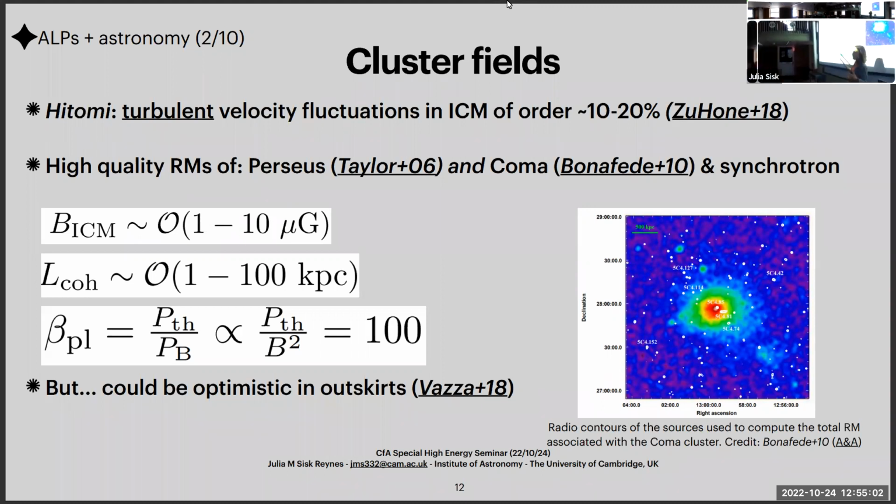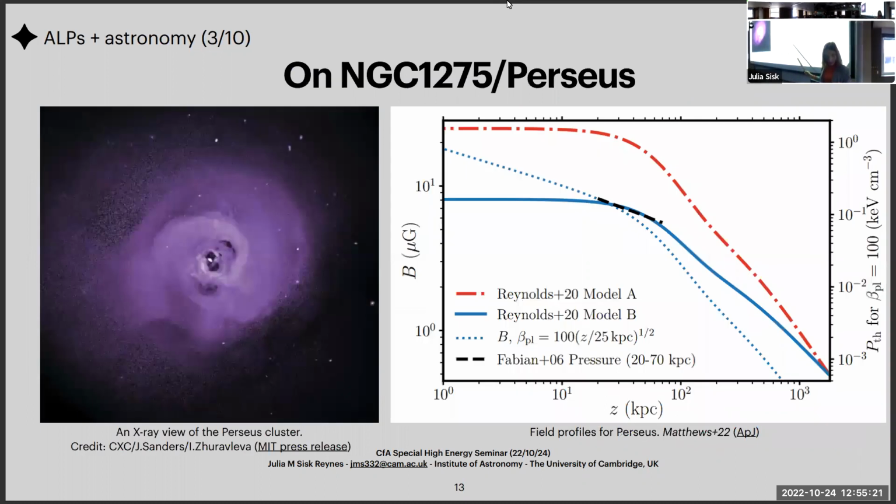And we also know that Faraday rotation measure observations of cool core clusters, namely the Perseus cluster, suggest that the thermal to magnetic pressure ratio, which is this plasma beta, should be constant up to the virial radius of cool core clusters.